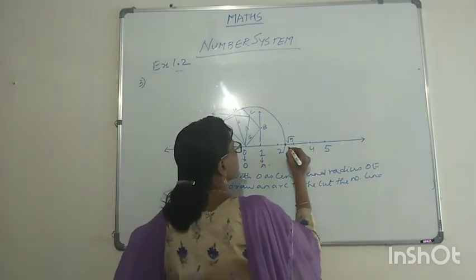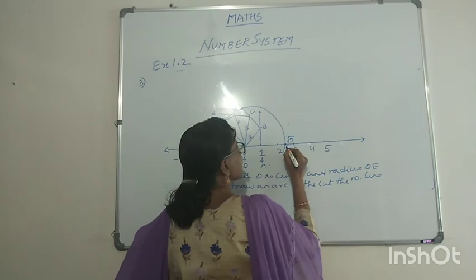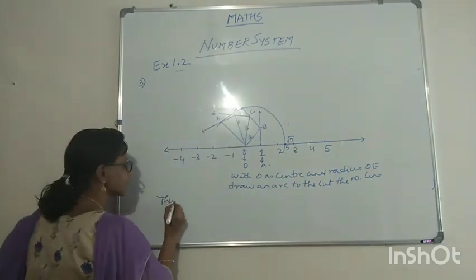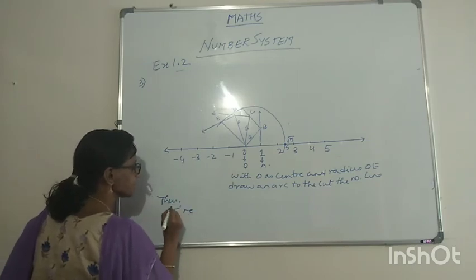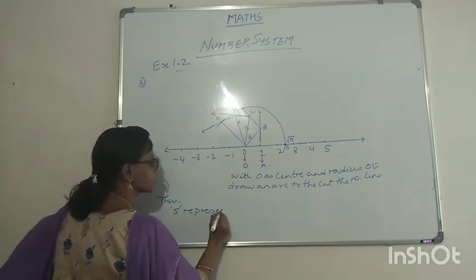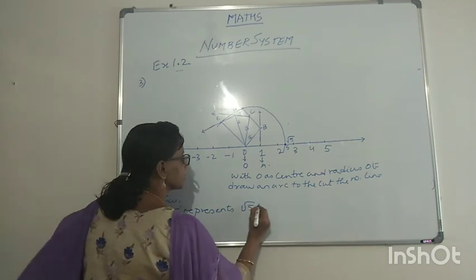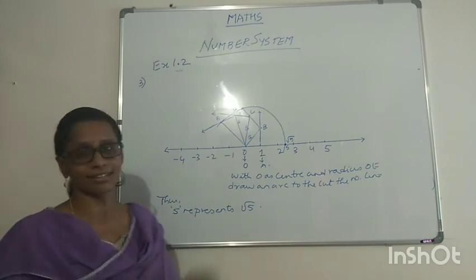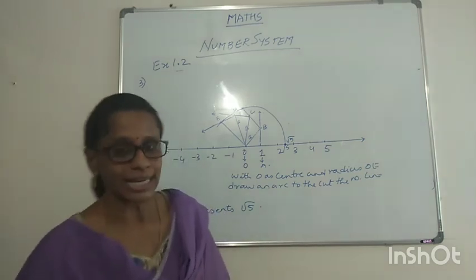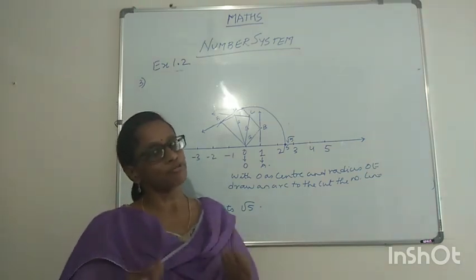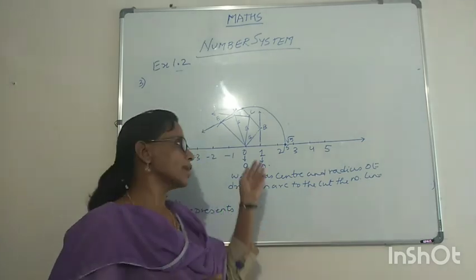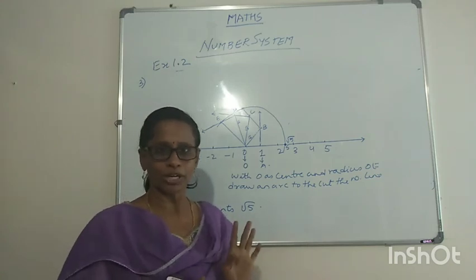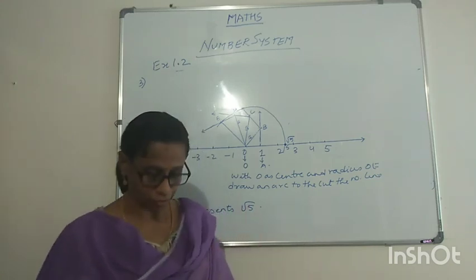If you want, you could call that point maybe S, and then you can say thus S represents root 5. So this is how we get across plotting root 5. And as I said, sometimes they may ask you only root 2, sometimes root 3. At that particular step you can stop and get the arc like how we did it over here. So this is about the construction of root 5.